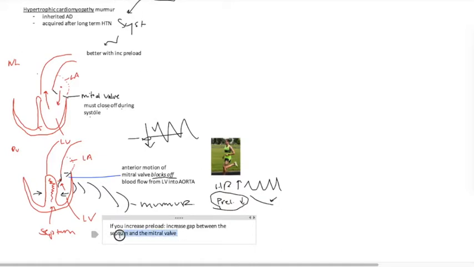Remember that mitral valve we were talking about? That's blocking off outflow from the left ventricle into the aorta. So if you increase preload, you increase that gap, and the murmur goes down. You decrease that murmur. So let's review real quick.